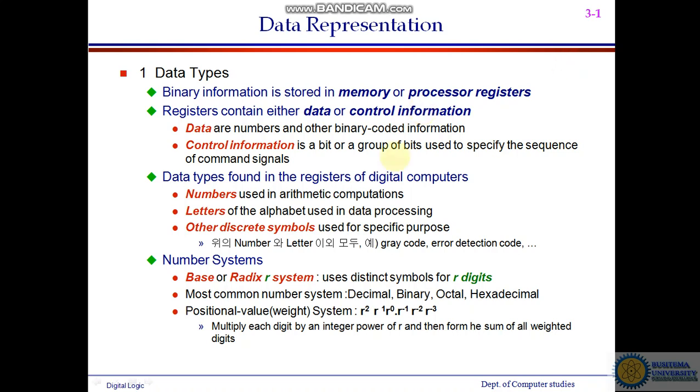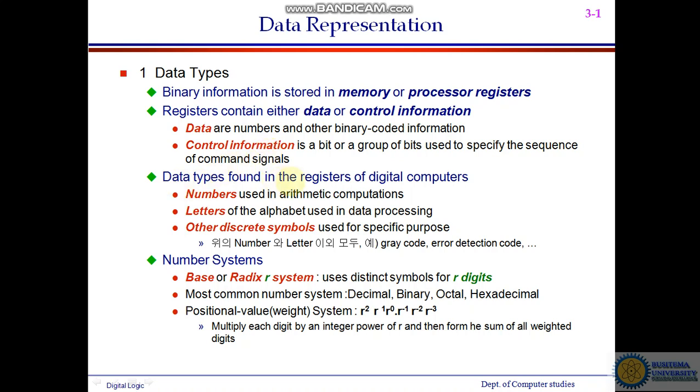So data are numbers and other binary coded information. The control information is a bit or a group of bits used to specify the sequence of commands or signals, like a command addition, a command subtraction.